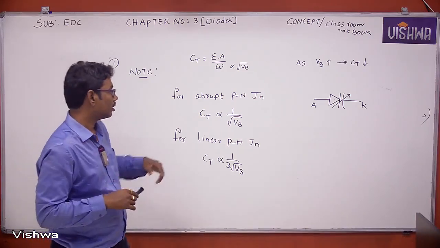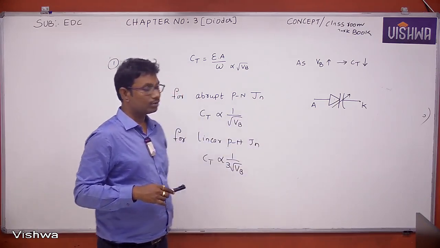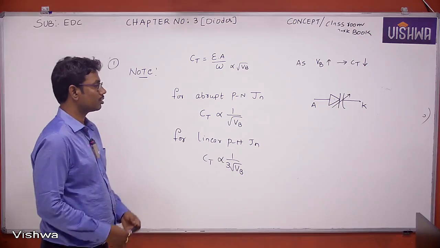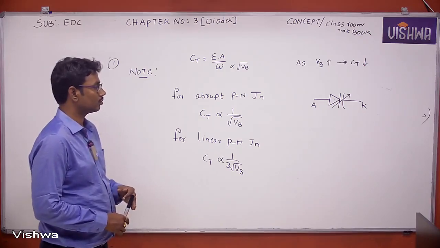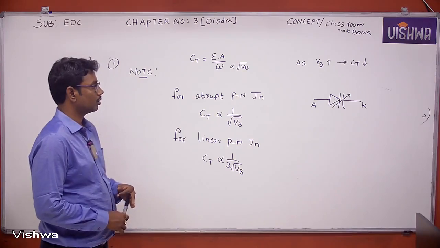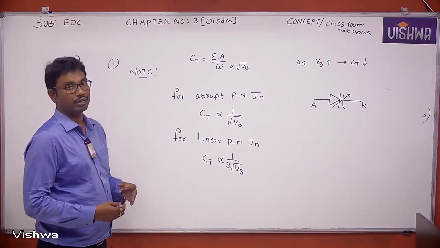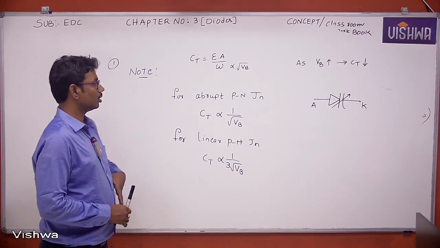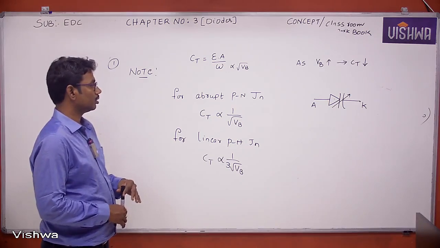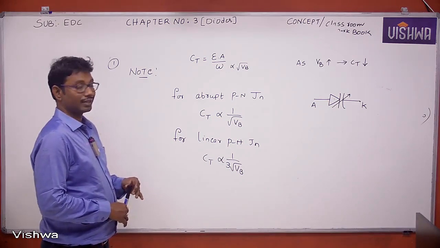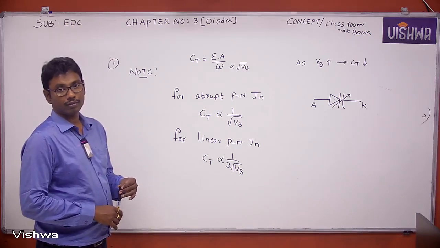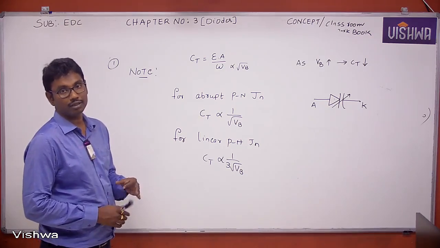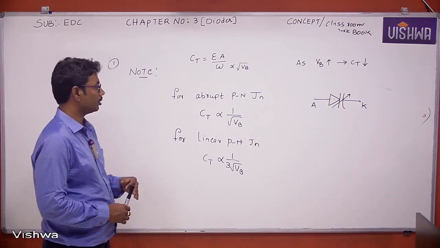Draw the symbol of varactor diode. Next, applications. It is used in tuning circuits. Next application, it is used in FM generation circuit.